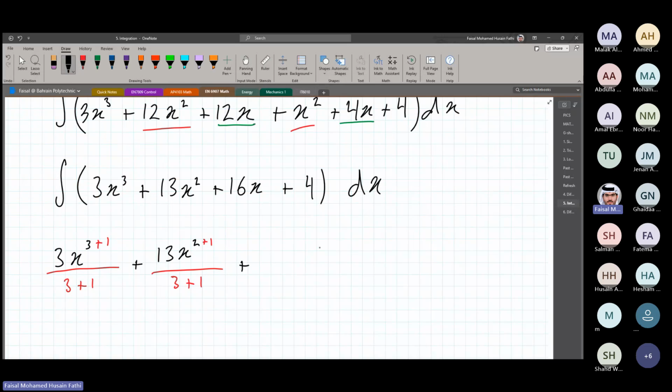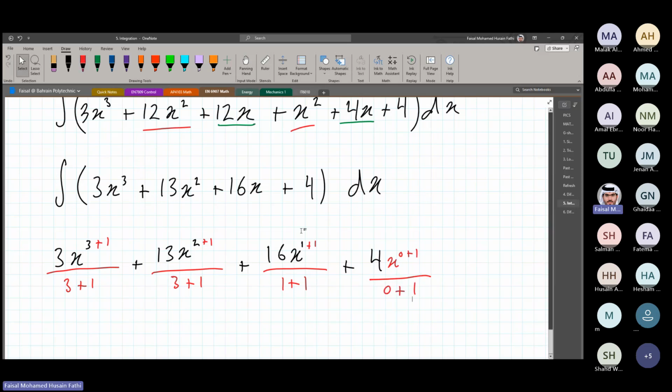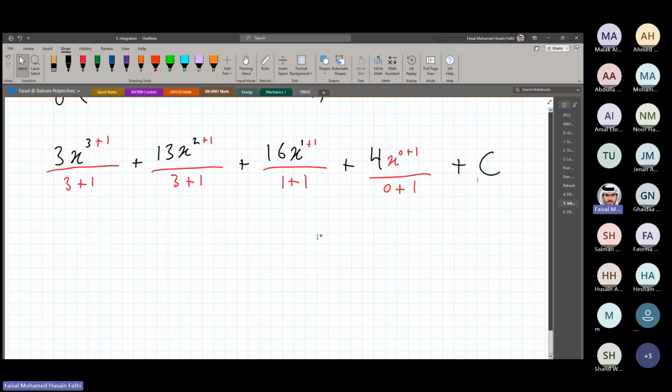Next one, same exact thing, 16x to the power of 1, which is just 16x, plus 1 divided by 1 plus 1. Again, plus 4, which is basically x to the power of 0, plus 1 divided by 0 plus 1. And then at the very end, plus c, because it's a constant. The arbitrary constant is always there.